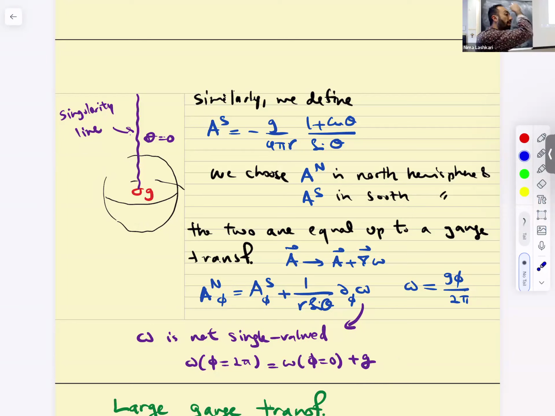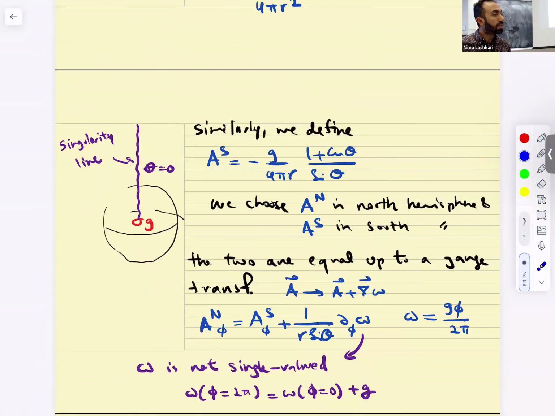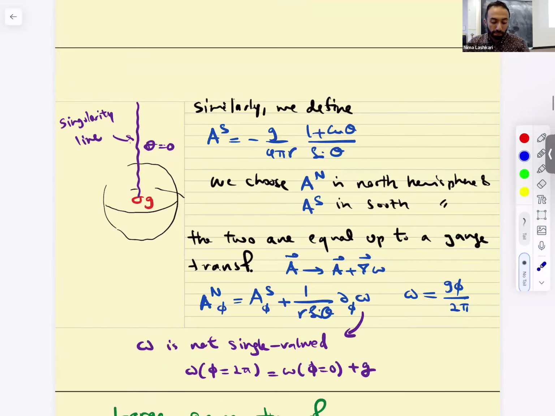As you go around, it's topologically non-trivial as you go around this circle. It's a higher dimensional analog of this circle that you're doing with U(1) that I gave as an example.